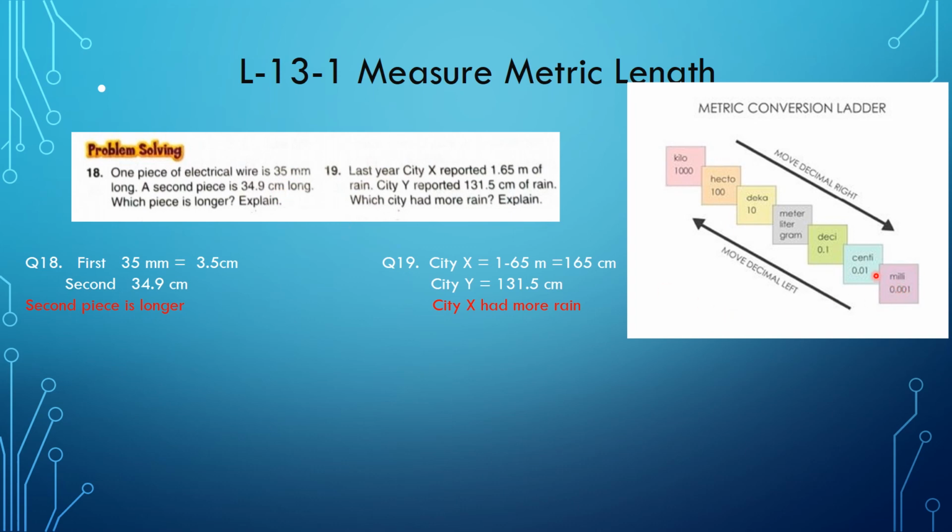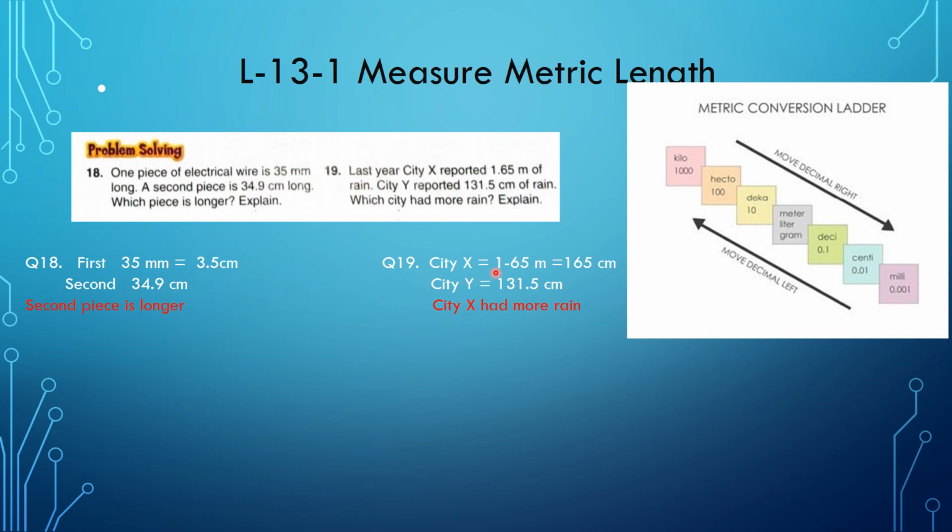Here. And go up. That means shift the decimal point to the left. Then you can see one step left. What is the answer? 3.5. And the second rope is 34.9. Then which one is longer? The second piece is longer because 34.9 is much greater than 3.5.